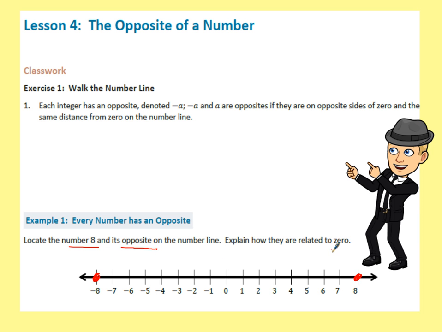Explain how they're related to 0. Well, I know that 8 is 8 units from 0, and negative 8 is 8 units from 0. So they are both 8 units from 0, but on opposite sides.